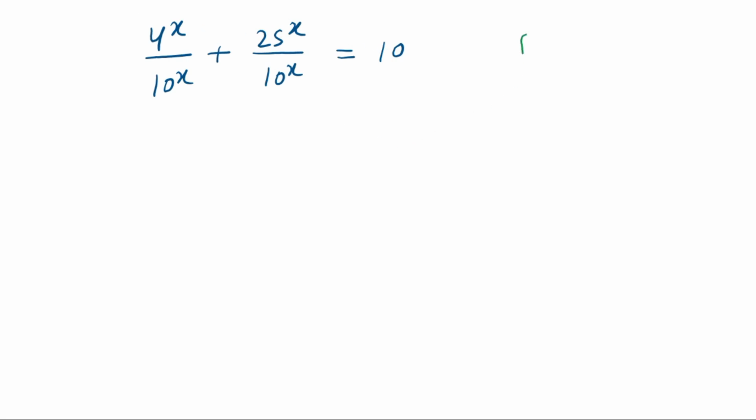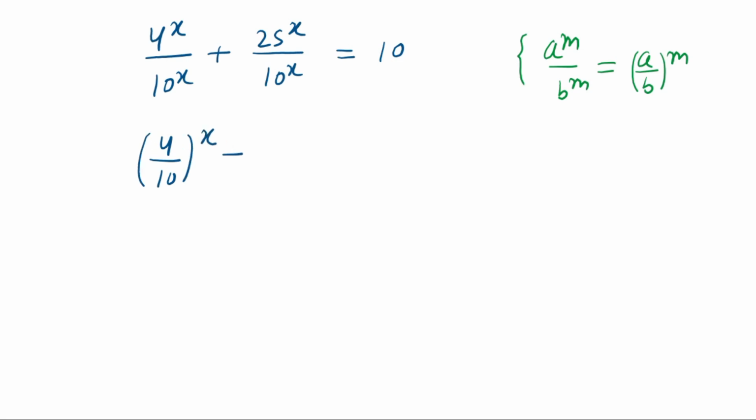Here we will apply the rule a power m divided by b power m is equal to a over b, bracket power m. Then this expression is 4 over 10 bracket power x plus 25 over 10 bracket power x, and this is equal to 10.